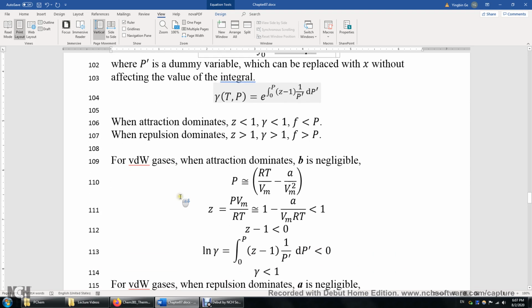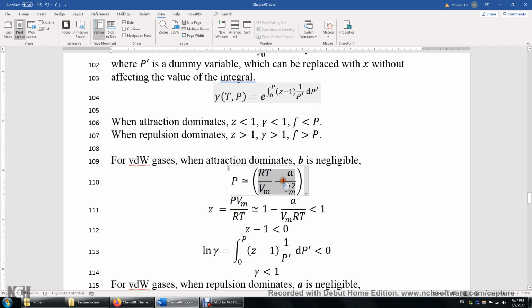For a van der Waals gas, when the attraction dominates, usually b is negligible. And then we can rewrite this van der Waals equation. P is roughly RT over Vm minus a over Vm squared. So here we're assuming the attraction is predominant. And then we can compute this Z. Z is P times molar volume over RT.